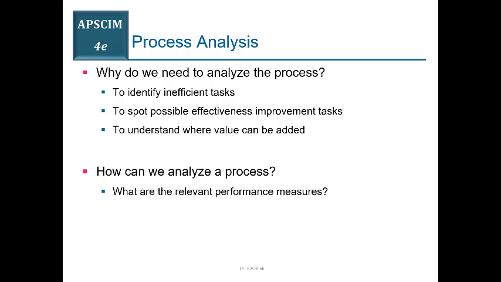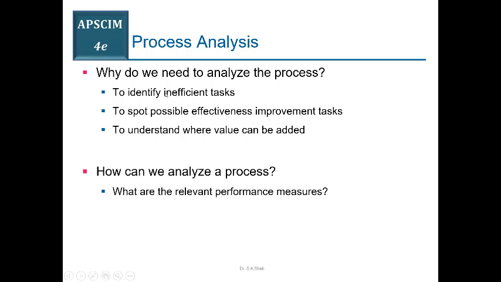And when you are reducing the waiting times, you are basically increasing the efficiency of the system, which is the production rate, or you can say the throughput rate of the system. So you have to identify the inefficient tasks and then to spot the possible effectiveness improvement tasks.